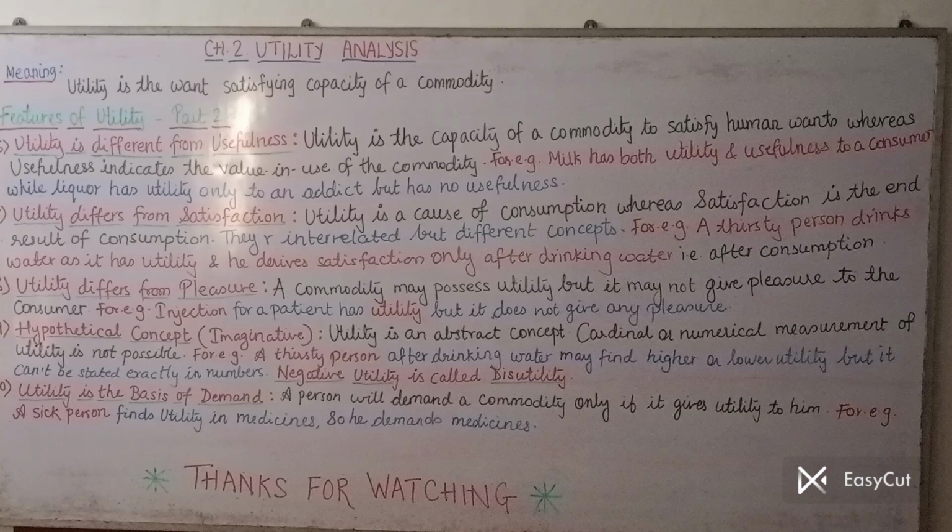For example, a thirsty person drinks water because water has utility. And once he drinks water, after that he derives satisfaction. So one concept is already present, that is utility, and satisfaction can be derived afterwards. It is the after effect, derived after consumption. I hope you clearly got this distinction between utility and satisfaction.